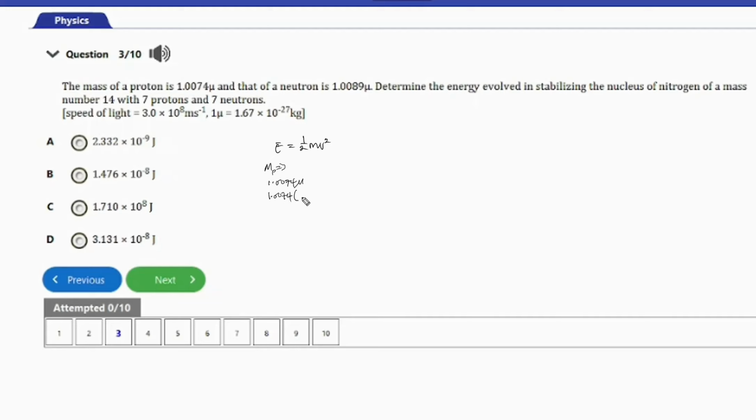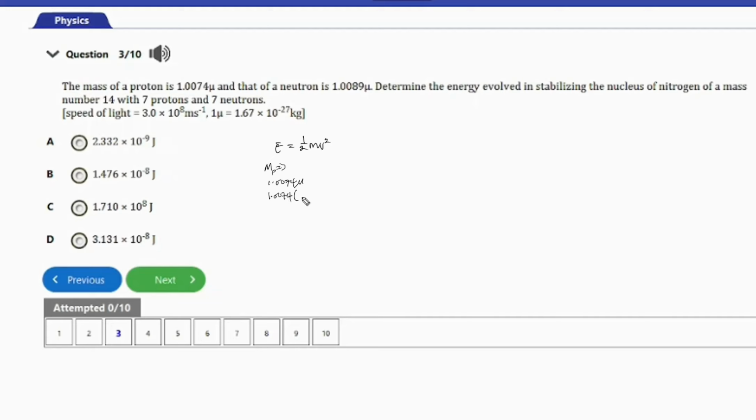However, the nitrogen atom here has 7 protons and 7 neutrons, and as such, we're going to multiply each of these by 7. So we'll multiply this mass of proton by 7, and then we'll also multiply the mass of neutron by 7.